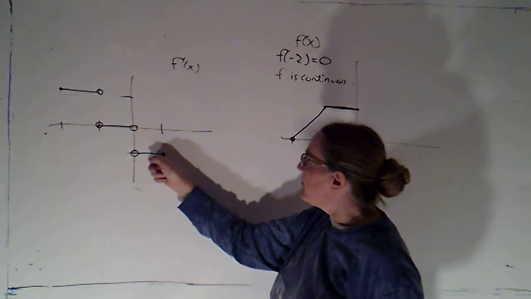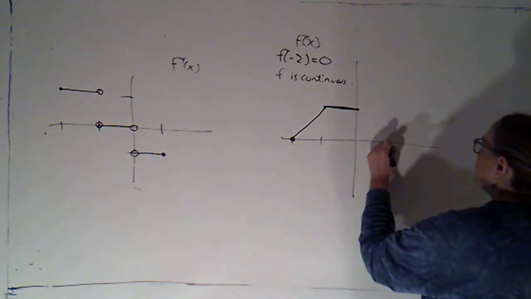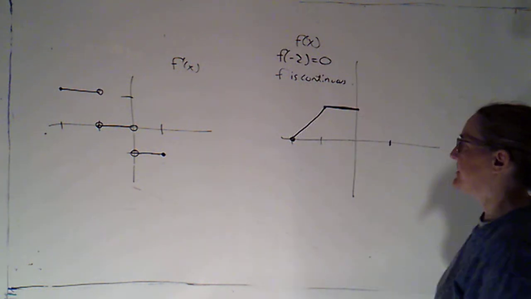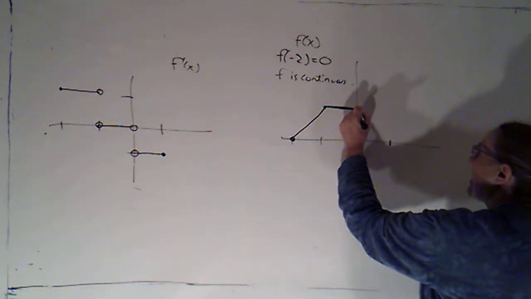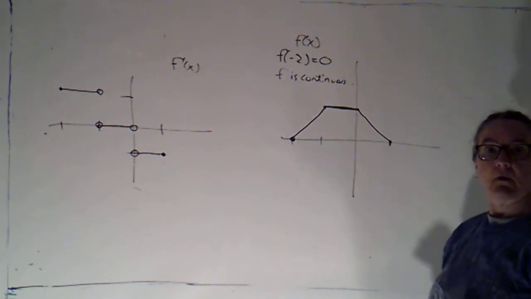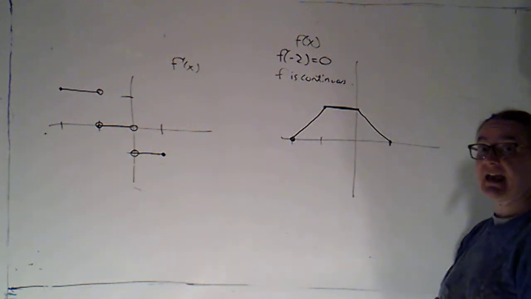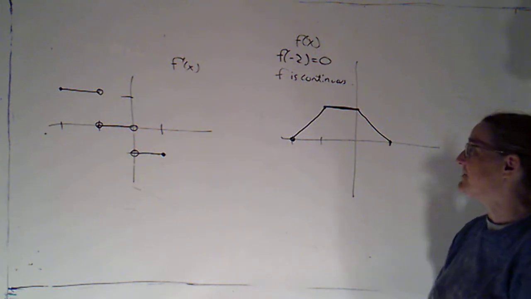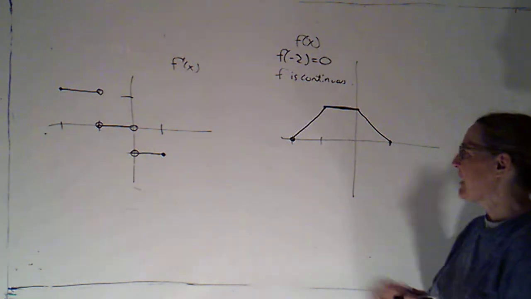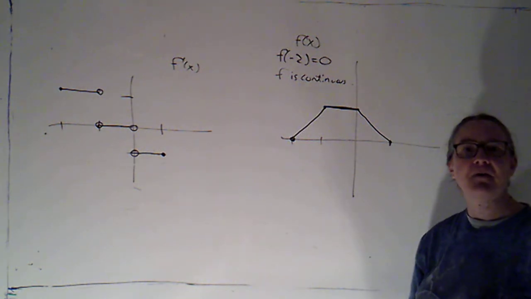And now my derivative is going to be -1, and that's over the interval from 0 to 1. So I'm going to have a line of slope -1. Kind of cool. That's exactly right, because I didn't have to do any estimate. I had constant derivatives, so I had constant slopes, and I was told where to start. So that determined exactly what the shape of the graph was going to be.